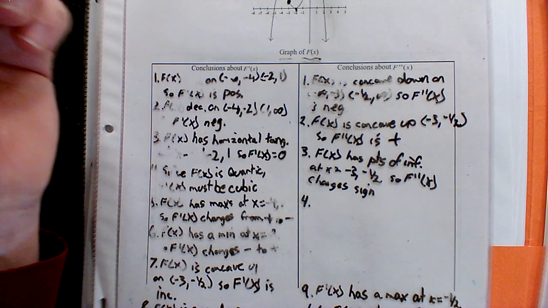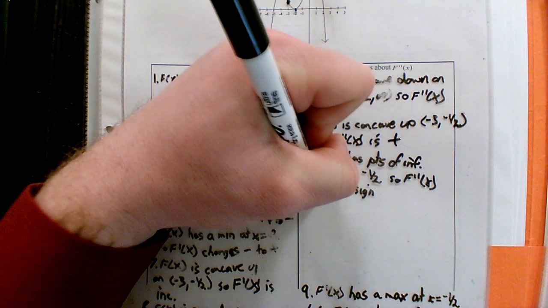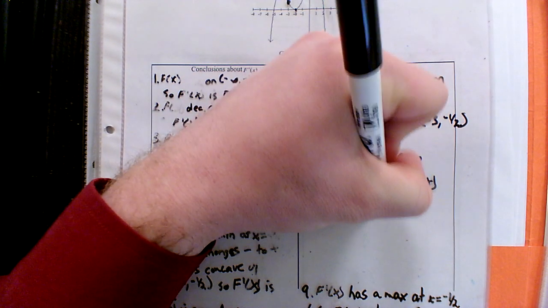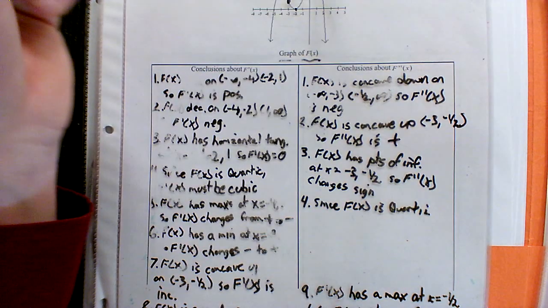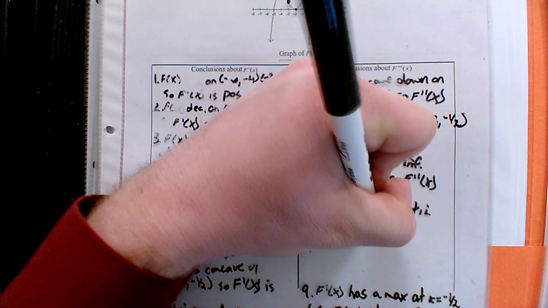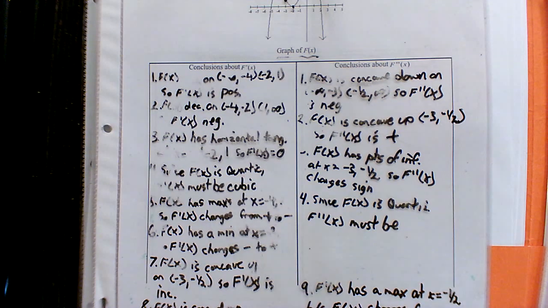All right, last one for this side. Since f of x is quartic, we talked about that before, it is quartic, f double prime of x must be what? The original is quartic.